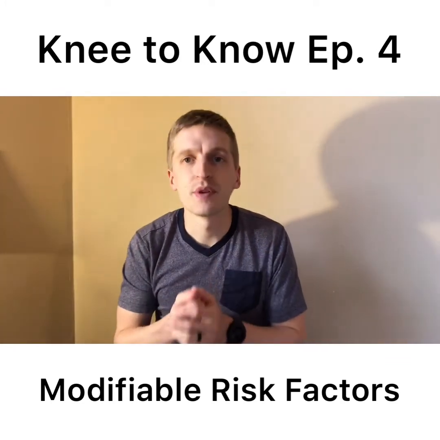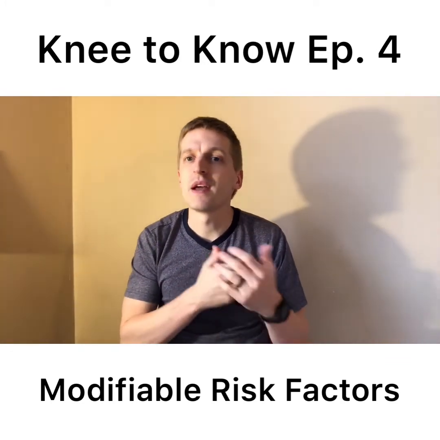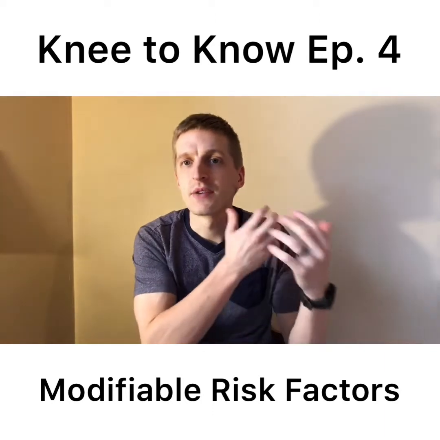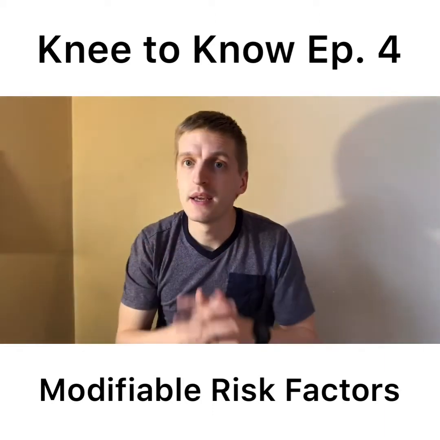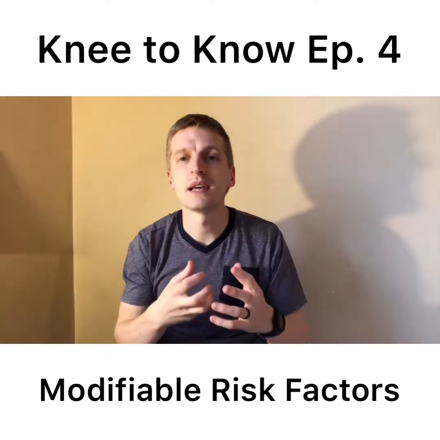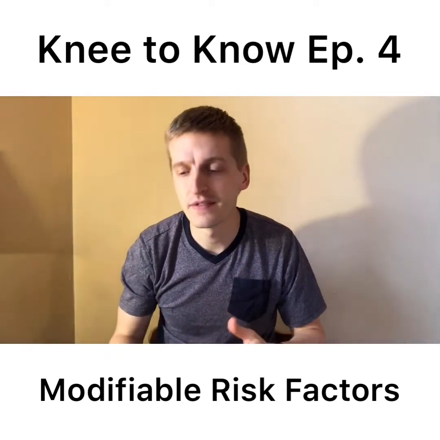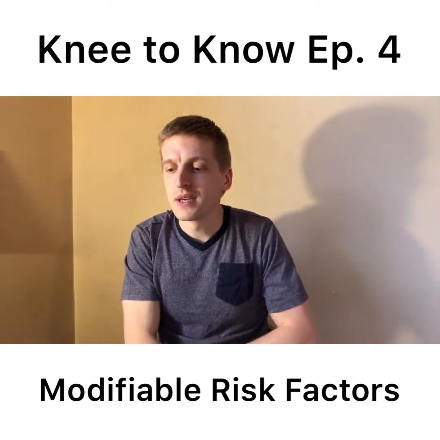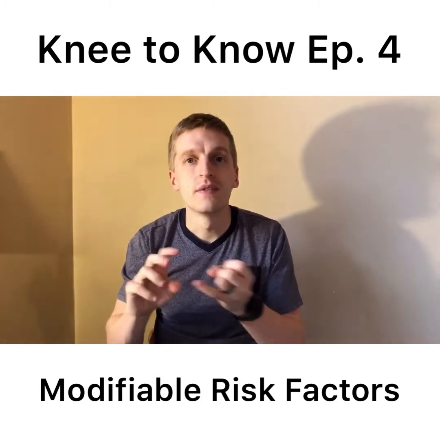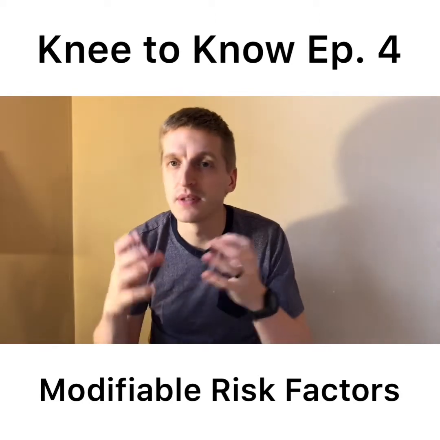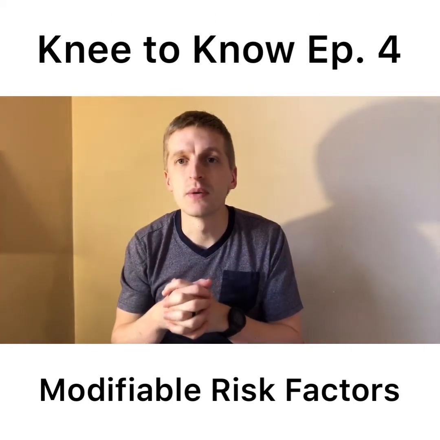The other factors include your genetics. Genetics play a role in arthritis. If you look at family members, parents, grandparents, aunts, uncles, you might start to see a trend in who has arthritis and who doesn't. There are also things such as your nutrition. A big one is vitamin D and calcium levels, but all sorts of things play a role.